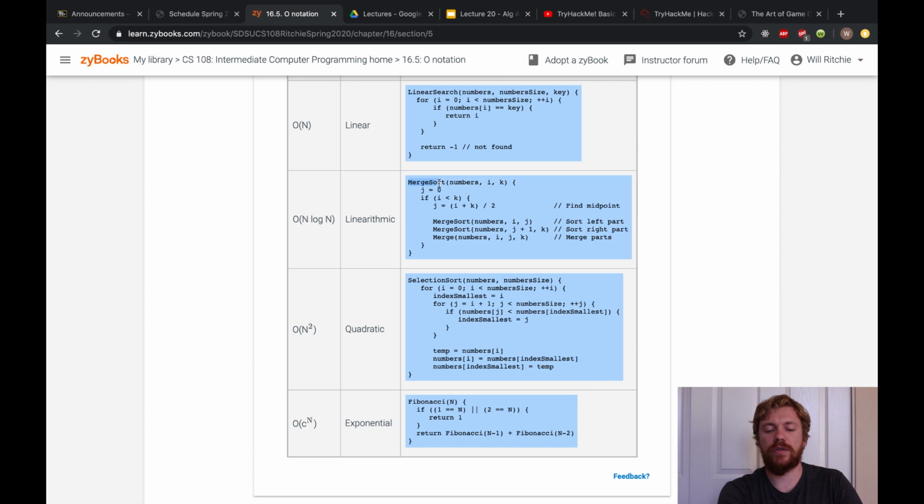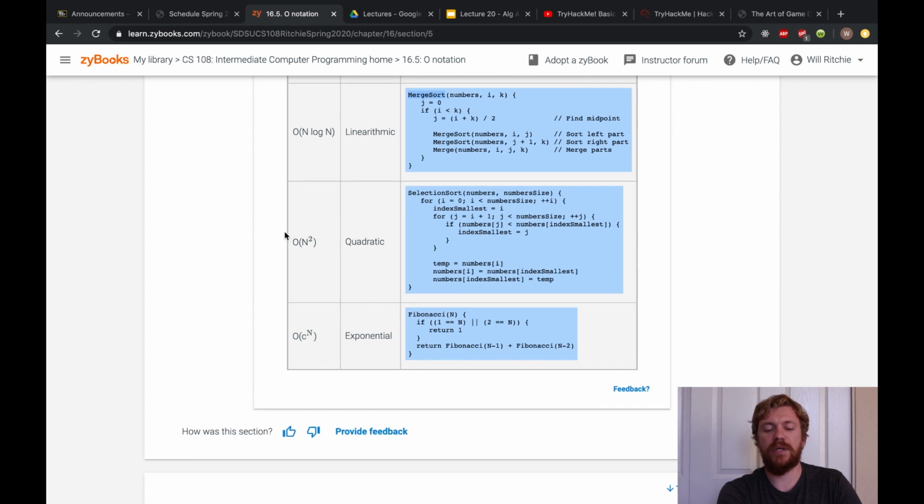We see merge sort is big O of n log n, which is linearithmic. Big O of n squared, quadratic, is selection sort. One way to tell big O of n squared, and we'll look at this in a second, is nested for loops within each other, where both for loops are contingent on the number of elements. And then something exponential, for example big O of c to the n, the Fibonacci sequence, which we're not going to worry about.